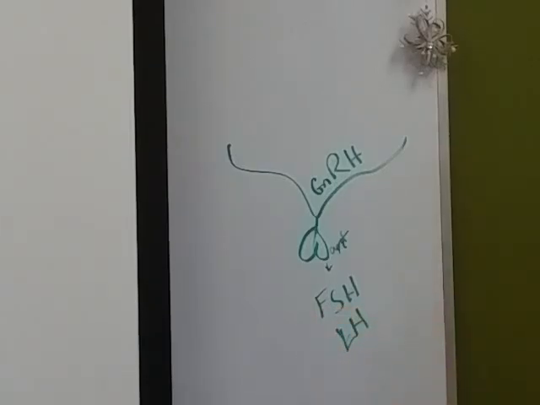Now, remember what those are for. Those are for follicle stimulating, luteinizing. They're going to the ovaries, testes, right? For example, in a female, do we need that to be constantly sent to the female?